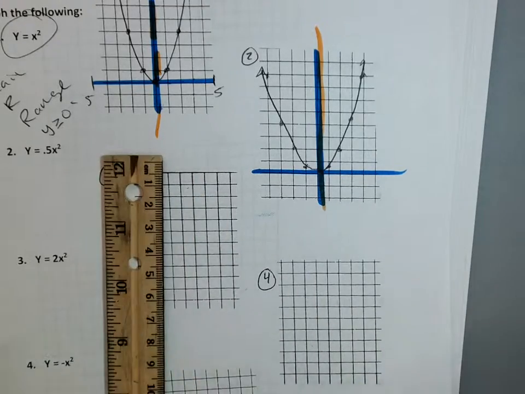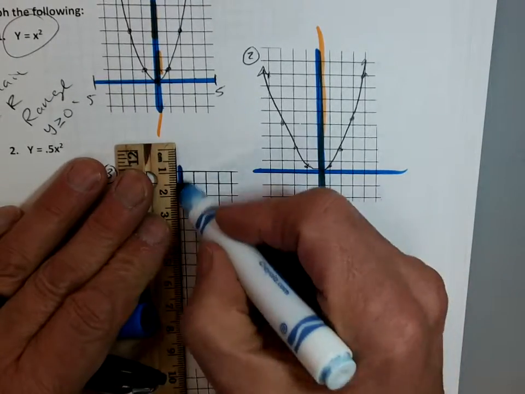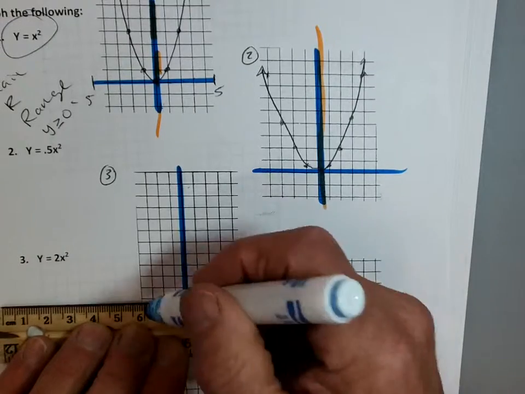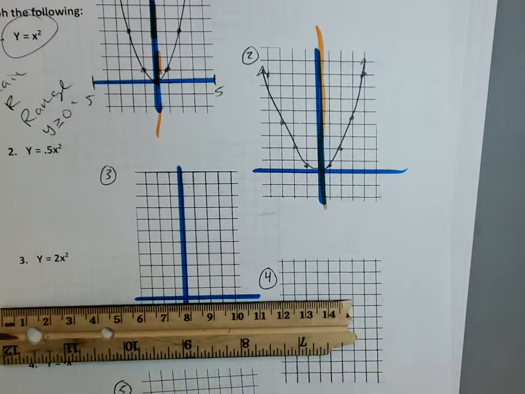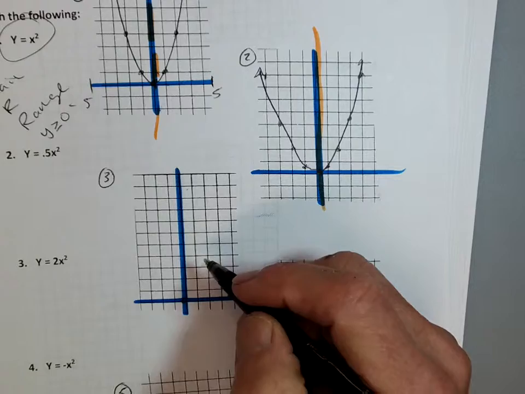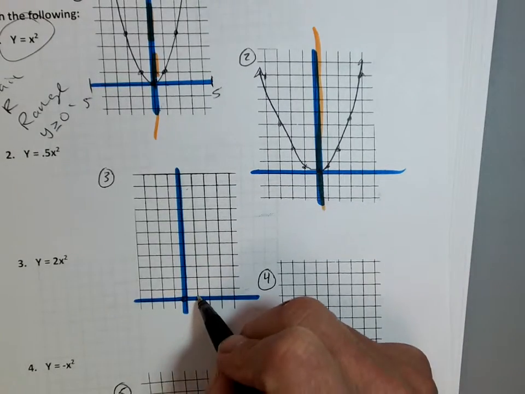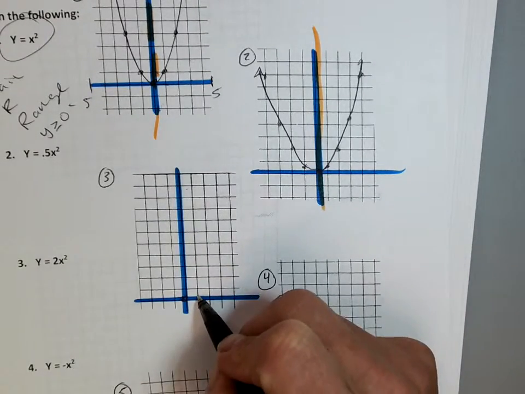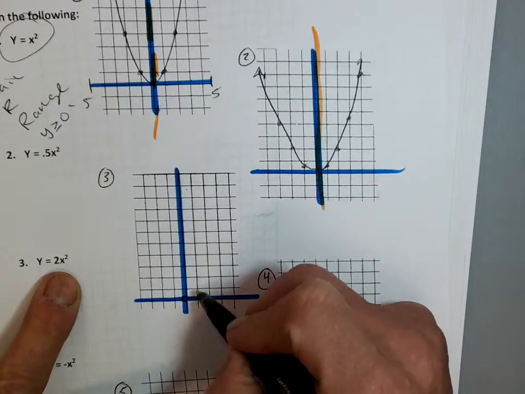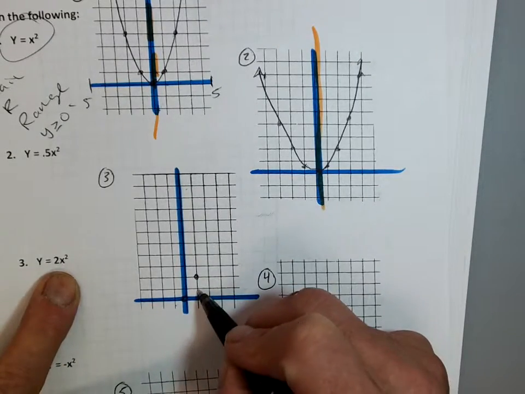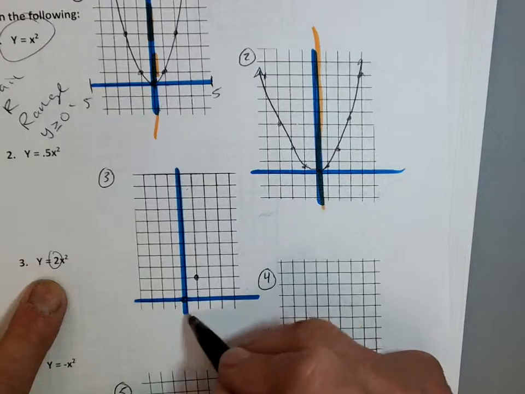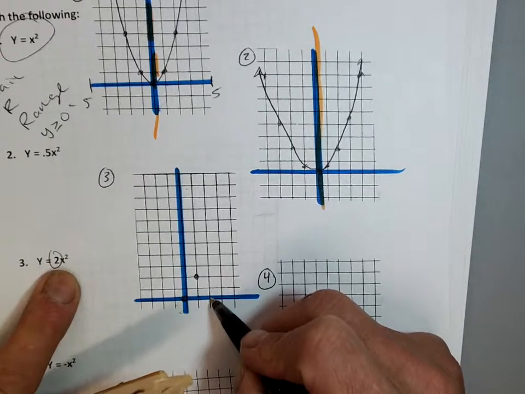Okay, I want you to listen. We're smart, so check it out. 0, 0, right? Are you listening? Go over 1. What is 1 squared? 1. Twice as tall. Goes to 2. I'll do it again. 1 squared is 1. Twice as tall. Okay, 2. It's 2 squared. 4.